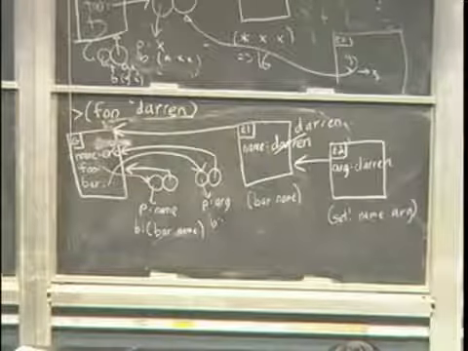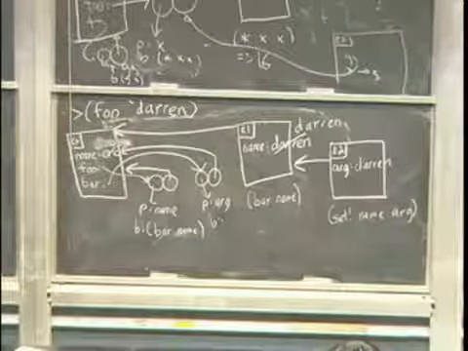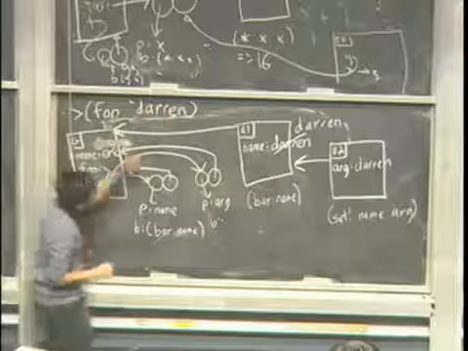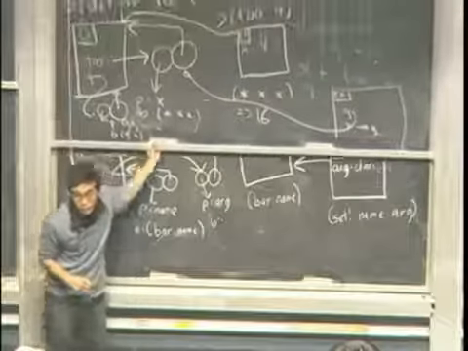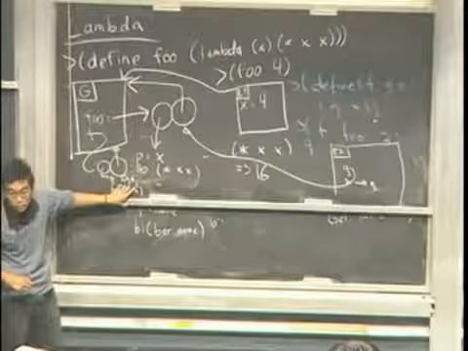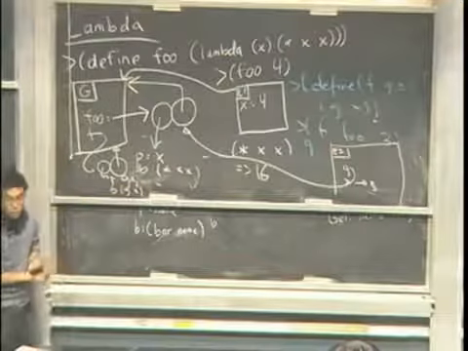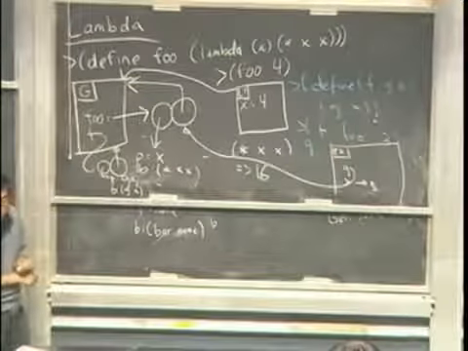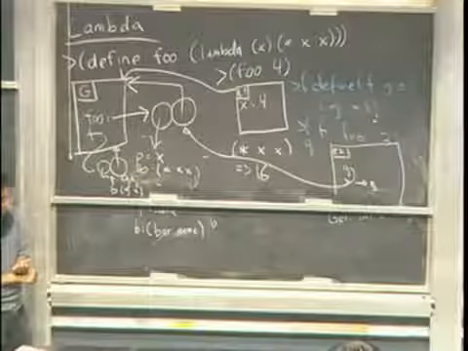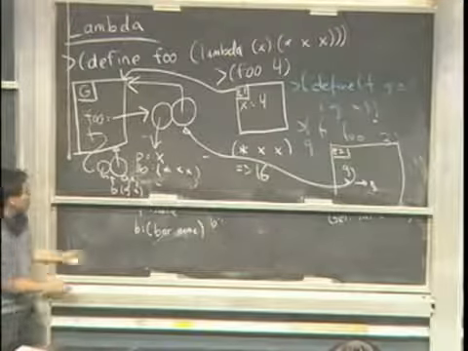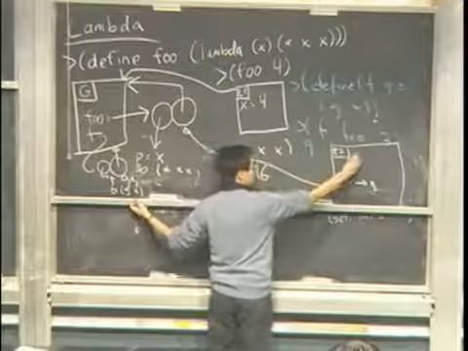It's no. So inside E2, we only have two things, right? We only have g and x. We won't have foo in there. Right. So then by the variable lookup, you have to look up foo in the global environment if you're using lexical scope. Right. So sorry, I forgot to point this frame.